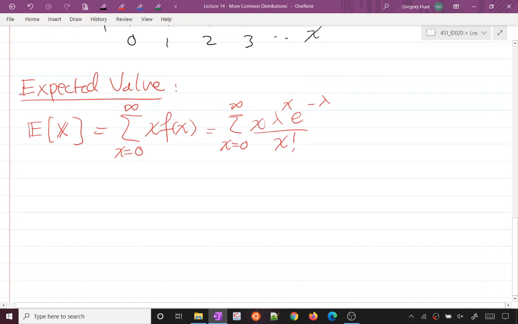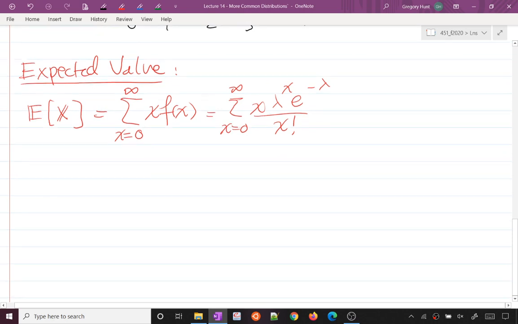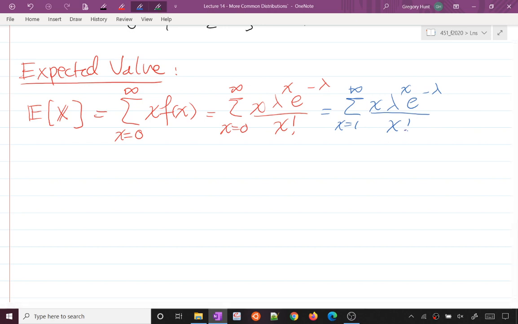Now, in order to evaluate this, we can use a couple tricks. First of all, when x is 0, the whole thing is 0, so I can actually ignore the case where x is 0. So I could say that this is the sum from 1 to infinity of x lambda to the x e to the negative lambda over x factorial, because when x is 0, the summand is 0.